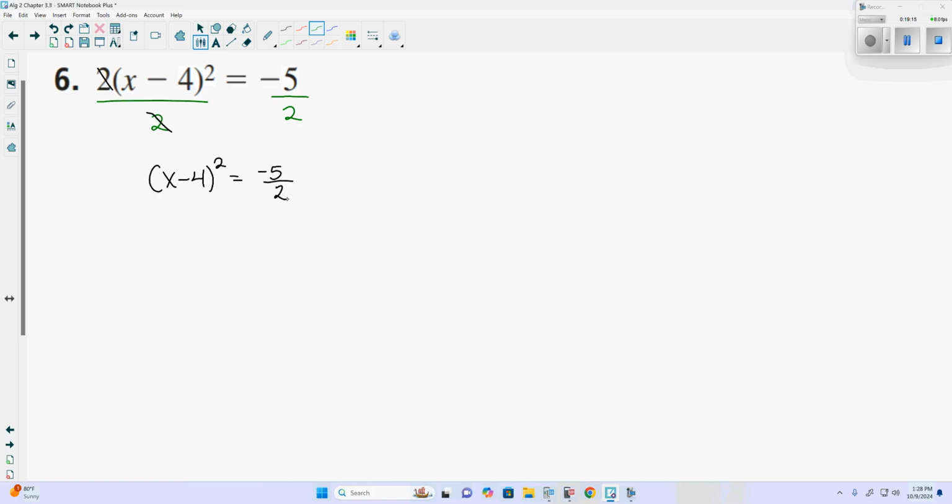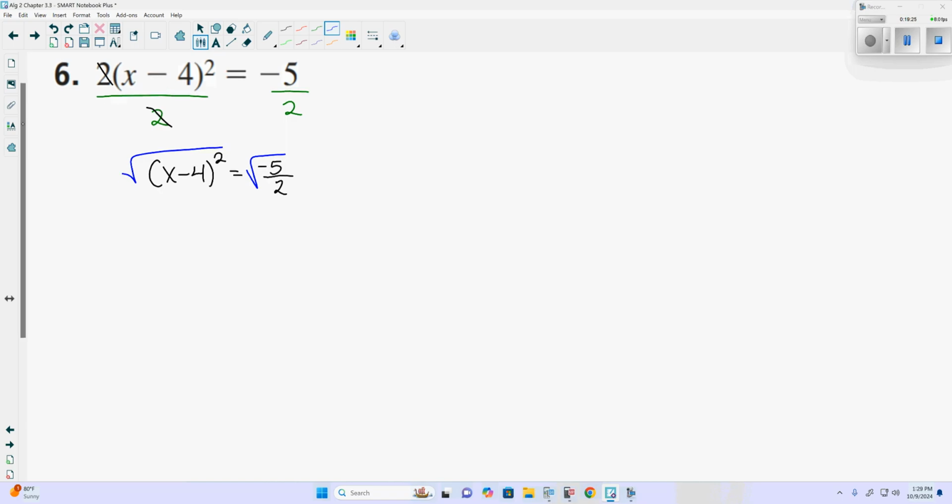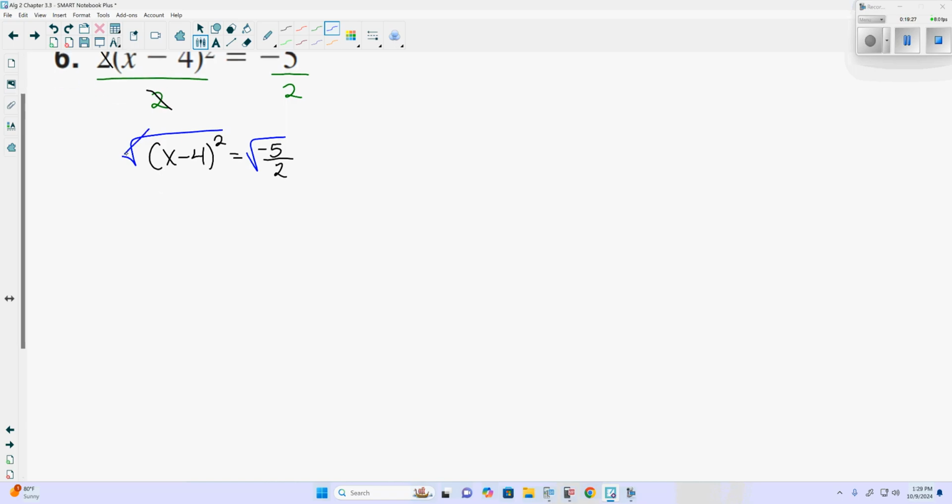What can we do next? We can take the square root of both sides. And on the left-hand side, our square root and square would cancel, telling us that we have just x minus 4 is equal to. We do need to simplify our square root of negative 5/2.